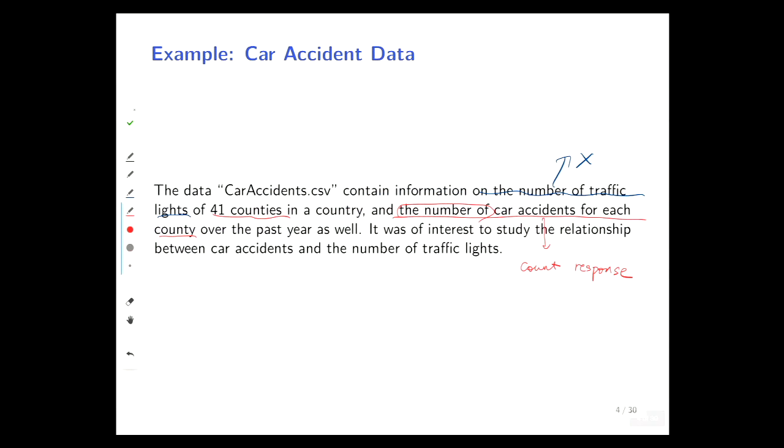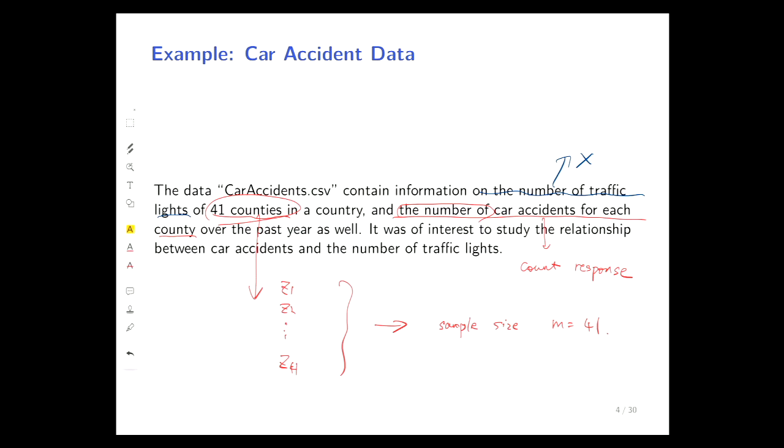Because we have the number of traffic lights and also the number of accidents for 41 counties. So in this case, we have Z1, Z2 until Z41. Because we have the number of car accidents for 41 counties, the sample size m equals 41.